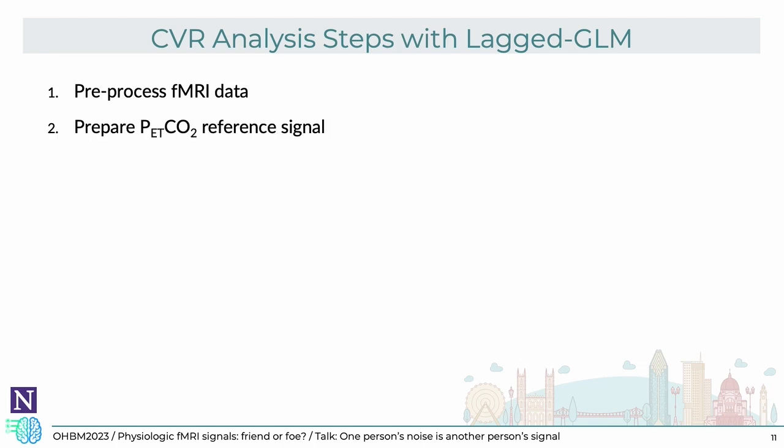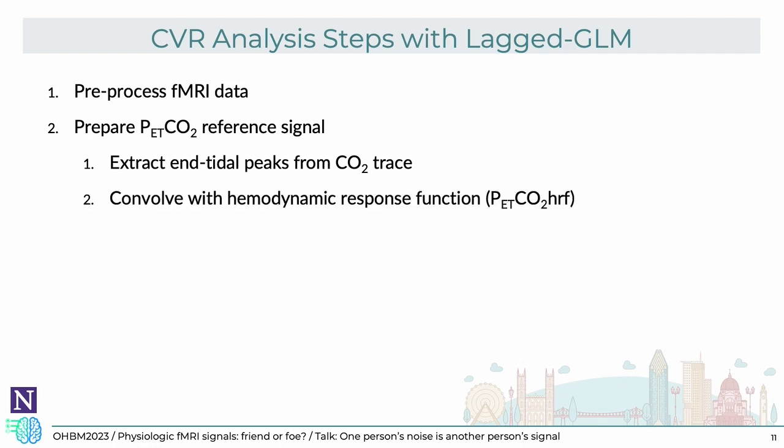Next, it's important to temporally align this end-tidal CO2 regressor with the average gray matter BOLD time series. And this is to account for any measurement delays or general vascular transit delays.